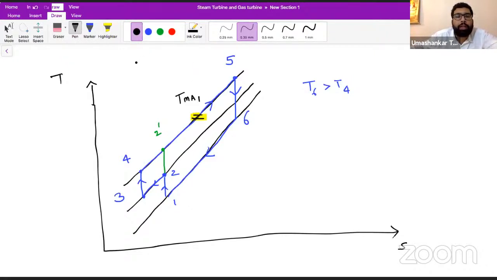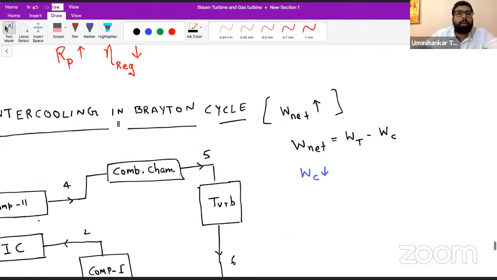Now with intercooling, our heat addition is from 4 to 5, so TMA2 is somewhere in between. So what effects of intercooling can we say from this? With intercooling, compressor work decreases. We have seen this, but we are also now seeing that the mean temperature of heat addition also decreases.